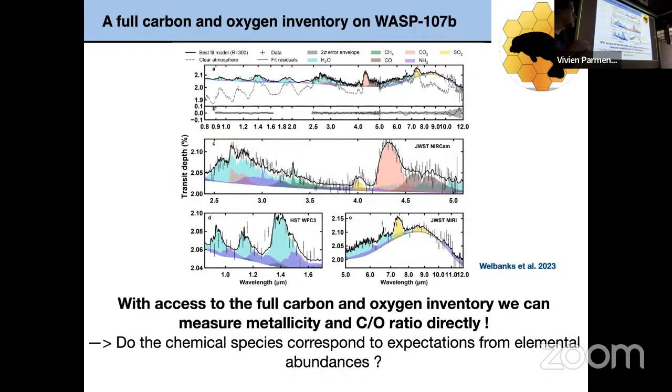It is a ratio of the peaks and the shape of the features, which is why the high SNR is very important, because with HST we can't say anything of the shape of that, but with James Webb we can start getting information of the shape. So, yep.